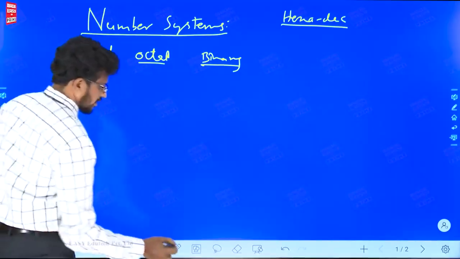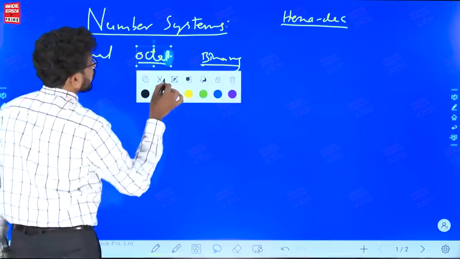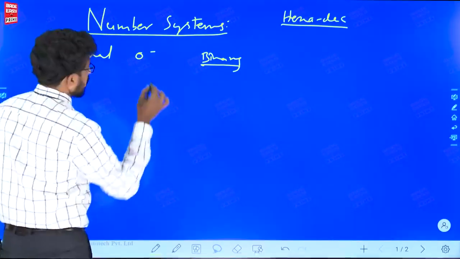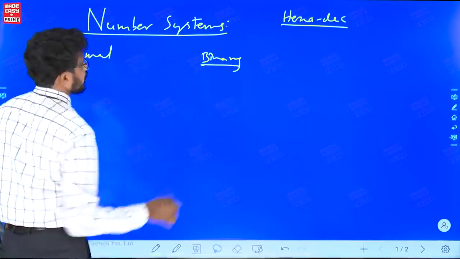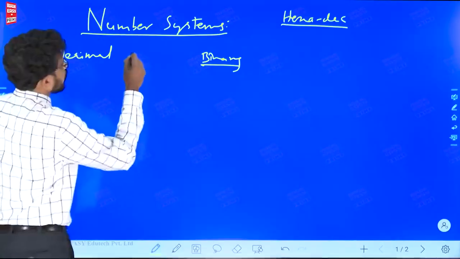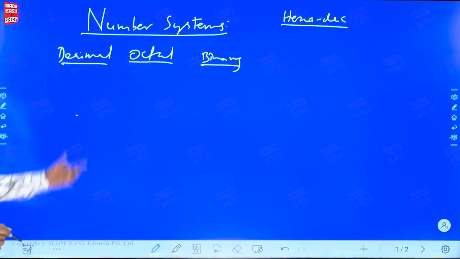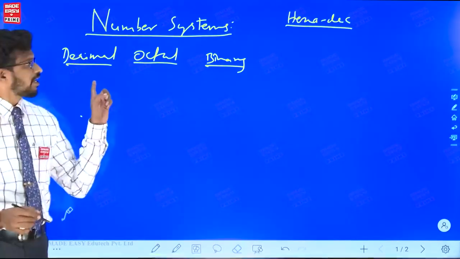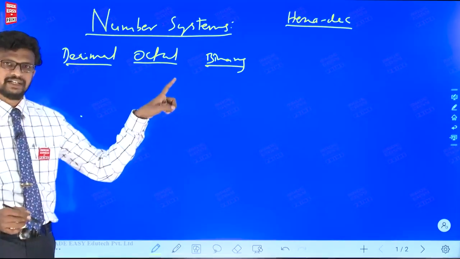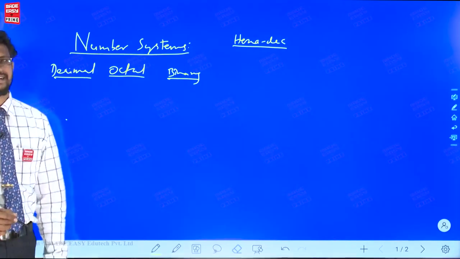So in all these cases, we can understand how the data can be represented. So let me take this octal number system. Fine. So these words deci, octa, binary, hexa belong to Greek and Latin words.